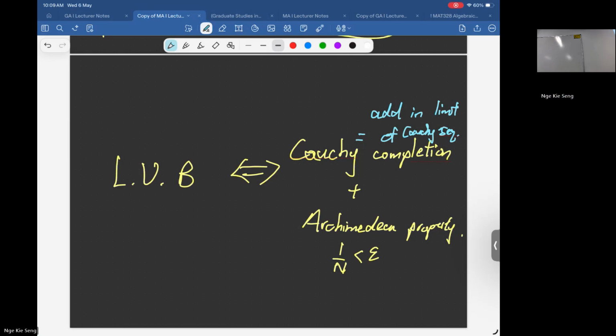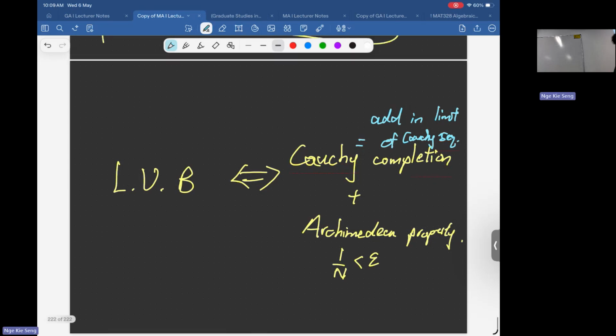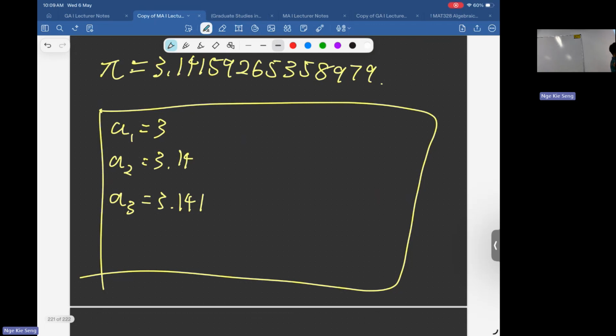No question? This one definitely won't come out in the exam, no worries. I just tell you there's a nice story here. Again, it's the story about viewing it as a sequence or viewing it as a set, a different perspective.